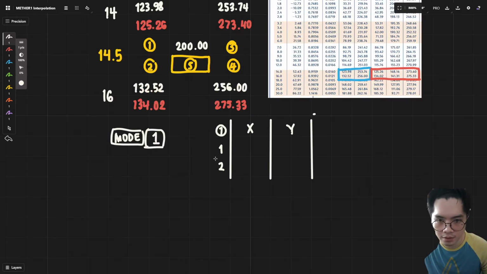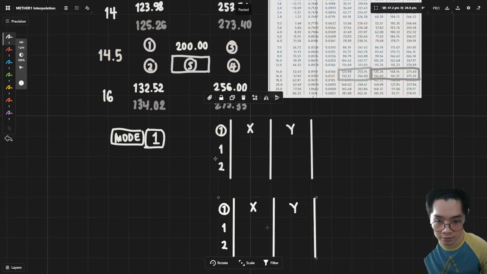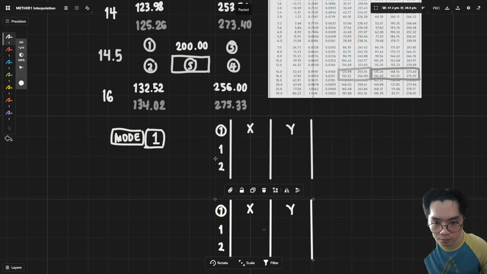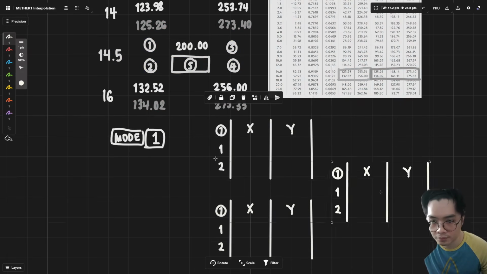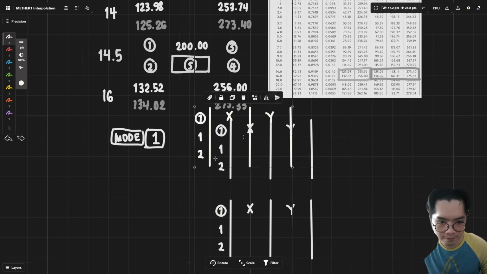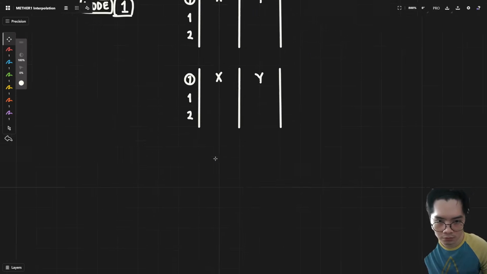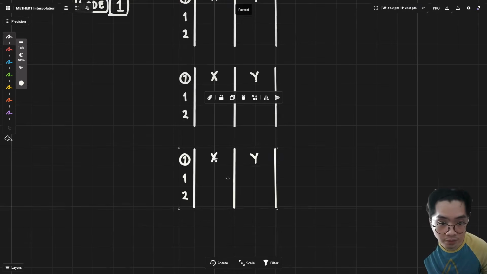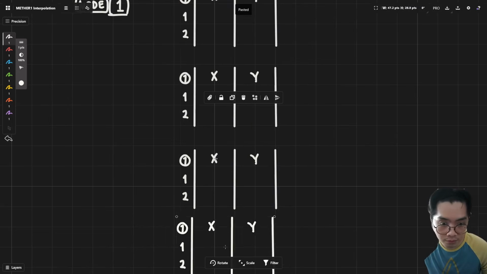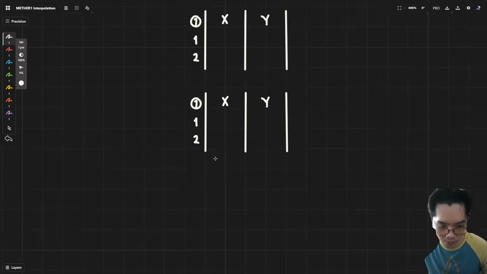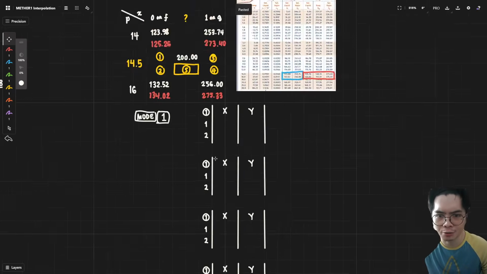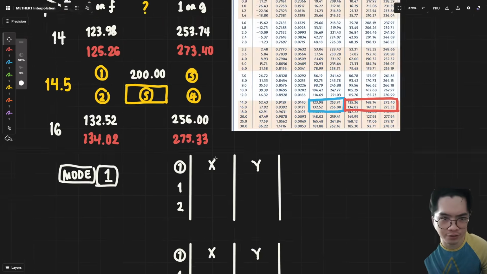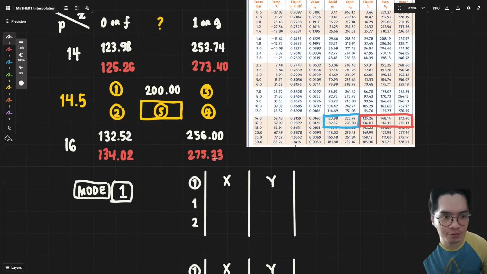Then 1, 2, 3, 4, and then the last one, 5. Okay, this is like your ultimate test to know if you really do know your interpolation.